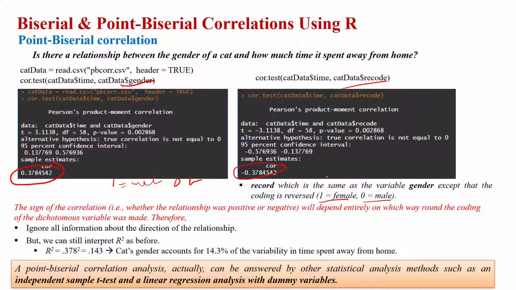Whereas when we are talking about the point biserial, we should ignore the direction of the relationship, because it all depends on the dichotomous variable's coding, whether one is representing male or zero is representing male. So that's why we should ignore this sign, and we should only check whether this relationship, which is 0.37, is significant or not. We are only getting the strength between the two variables.